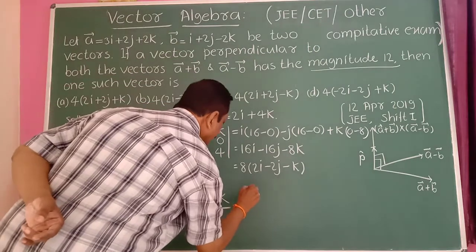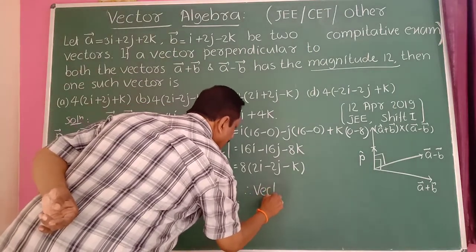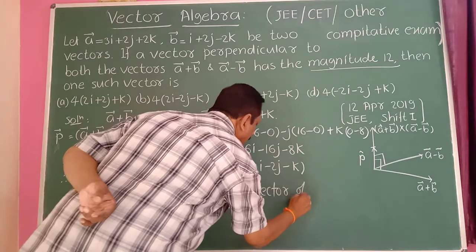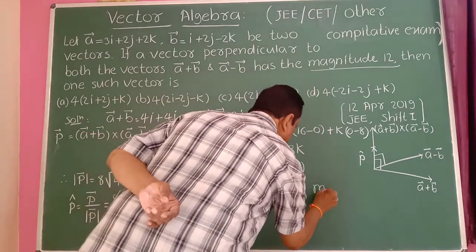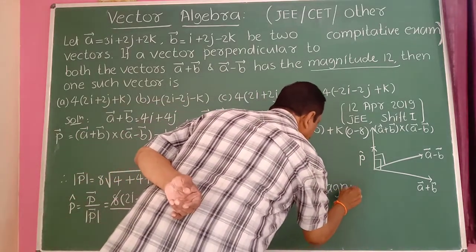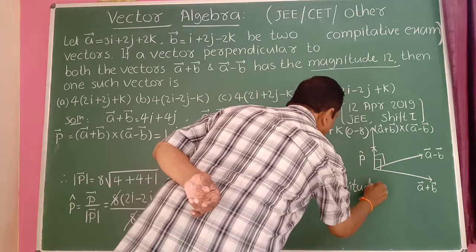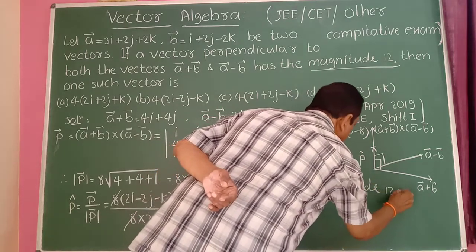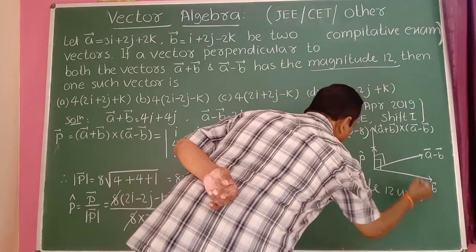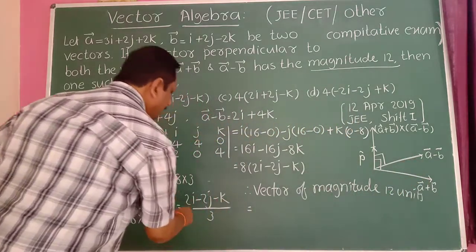Therefore, a vector of magnitude 12 units is equal to multiplying by 12 here.